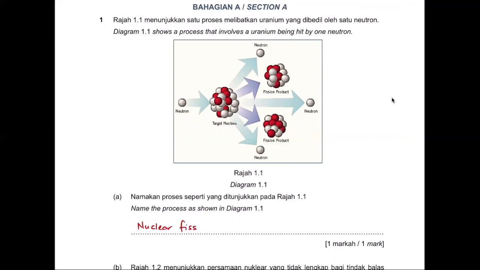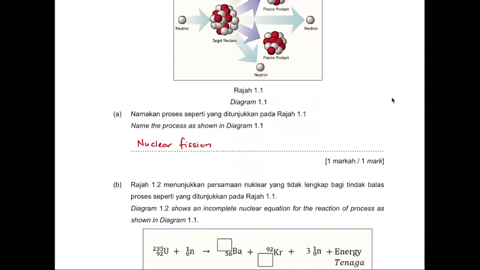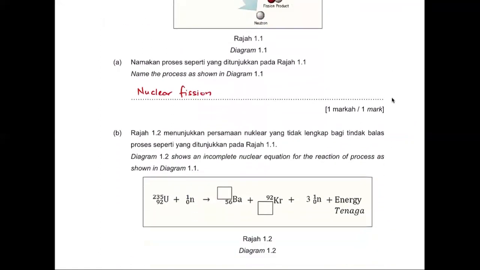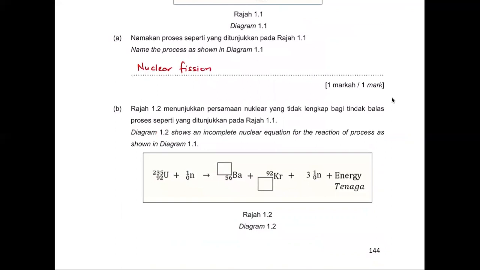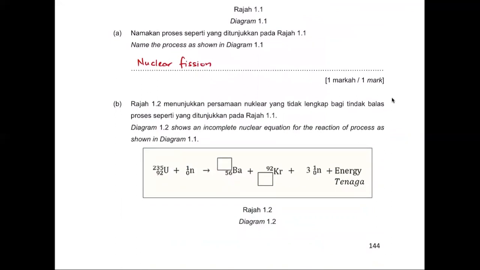Nuclear fission. Okay, and then diagram 1.2 shows an incomplete nuclear equation for the reaction or process as shown in diagram 1.1. So you complete the numbers so that it will be balanced on the left-hand side and on the right-hand side.